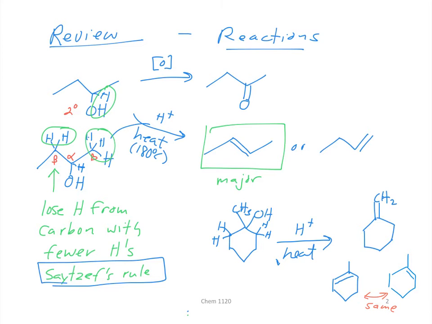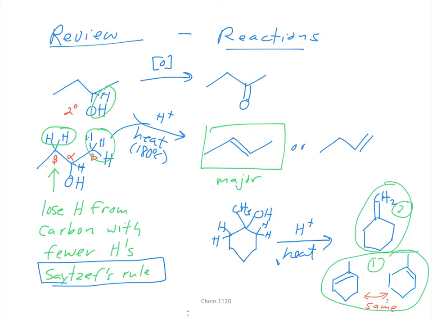Out of those 2, which one do you think would be formed in a greater amount? This is one possible product, and this is the other. Which one would we form more, 1 or 2? How many people think number 1?